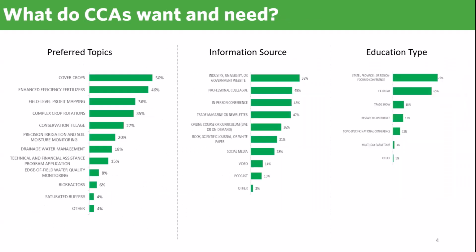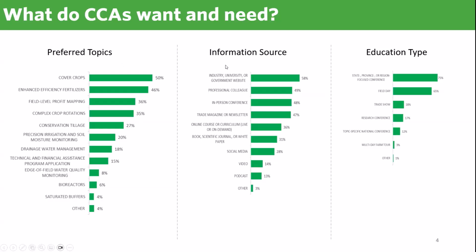We did a few surveys a few years ago with CCAs, farm advisors, and we learned that when it comes to preferred topics, they wanted to learn more about cover crops. They wanted to learn more about crop rotations, conservation tillage. So you can see there is a good interest from the CCAs to learn more about conservation practice as a whole.